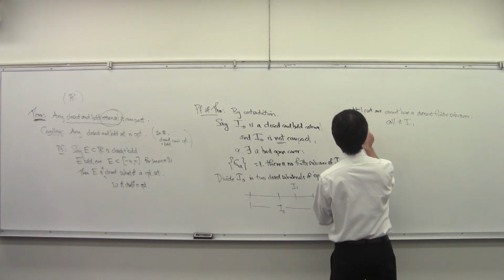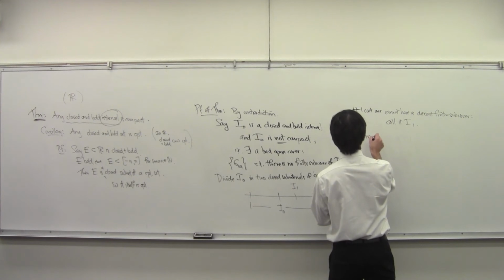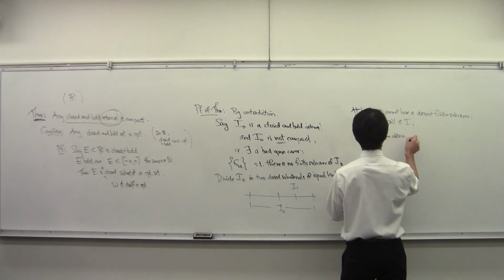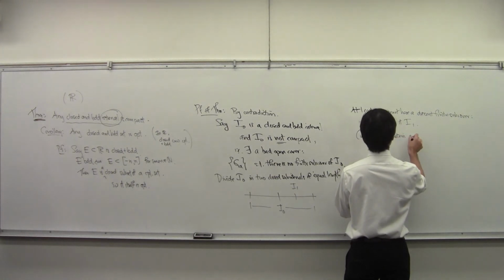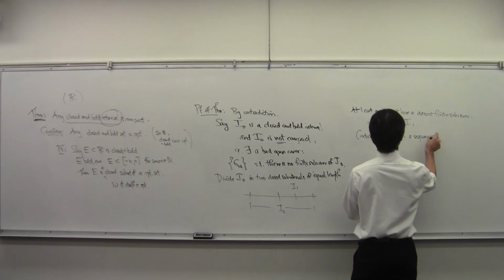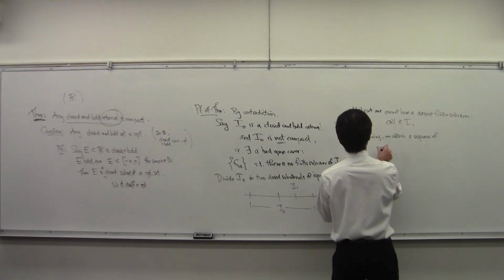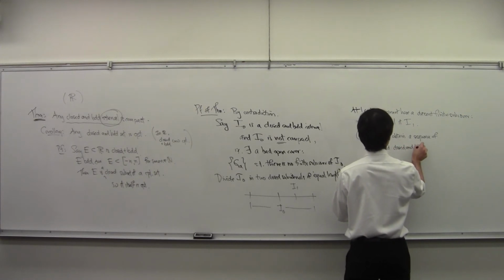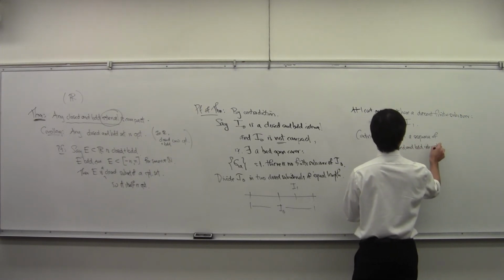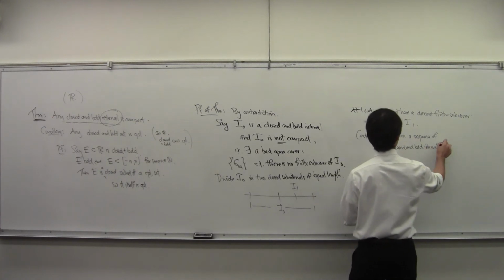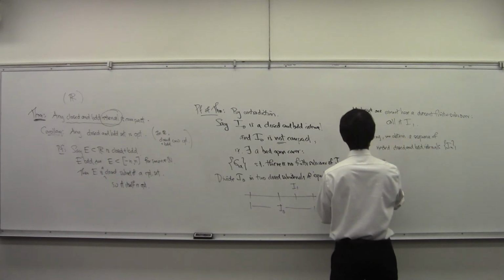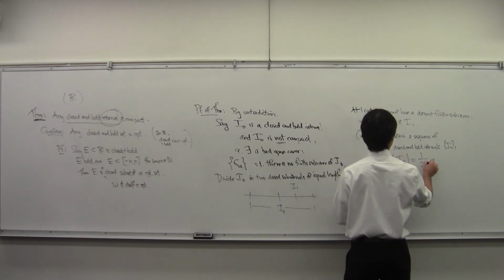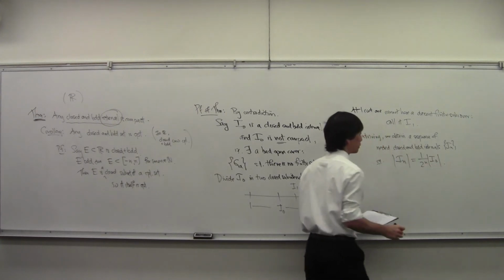So continuing, we obtain a sequence of nested closed and bounded intervals I sub n, such that the length of I sub n is 1/2 to the n times the length of I naught.